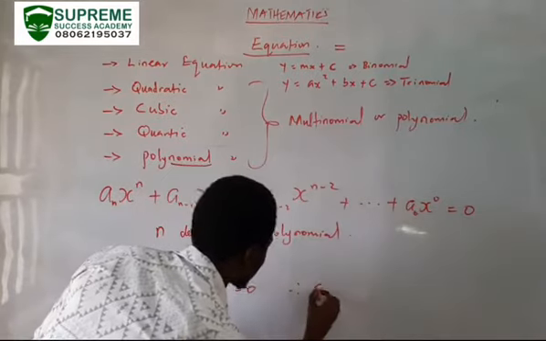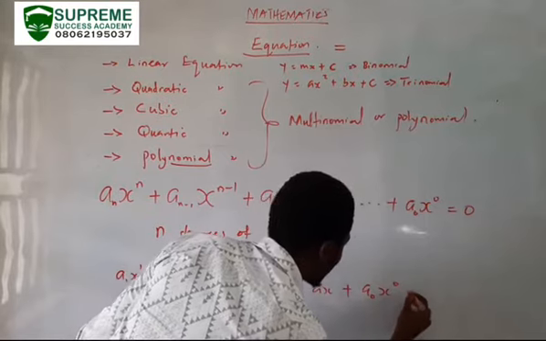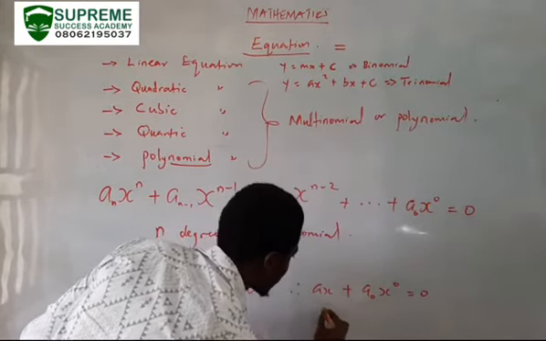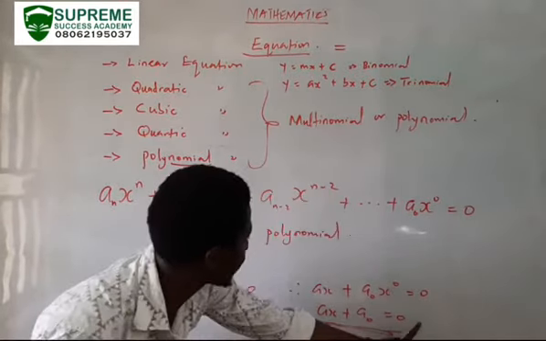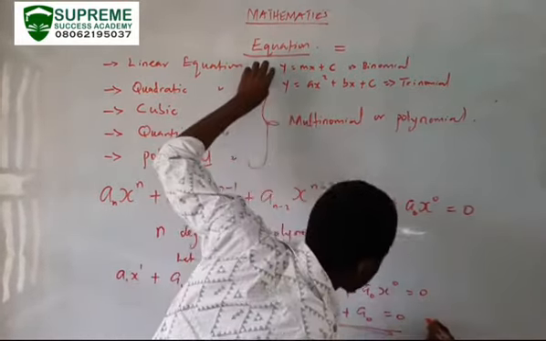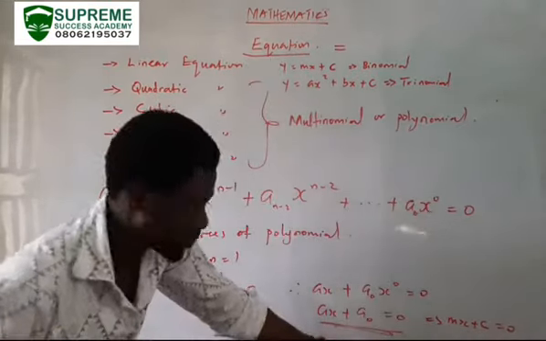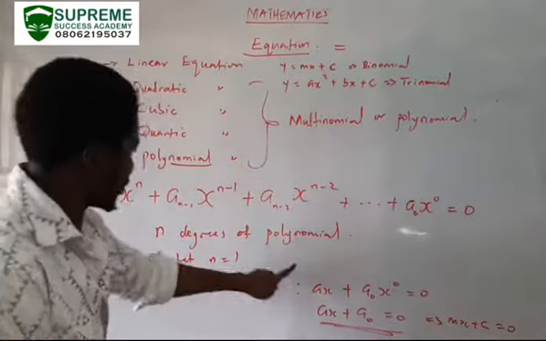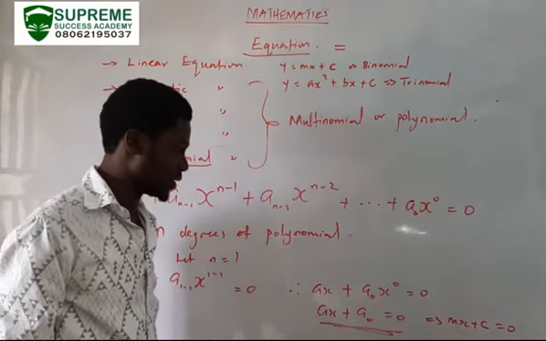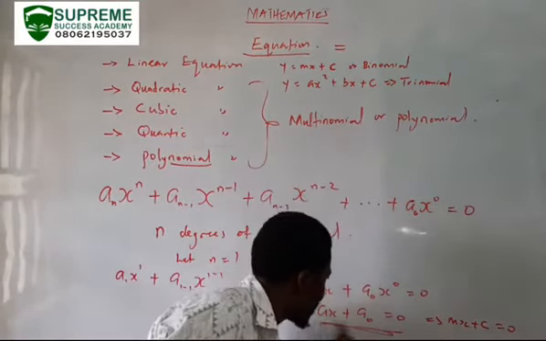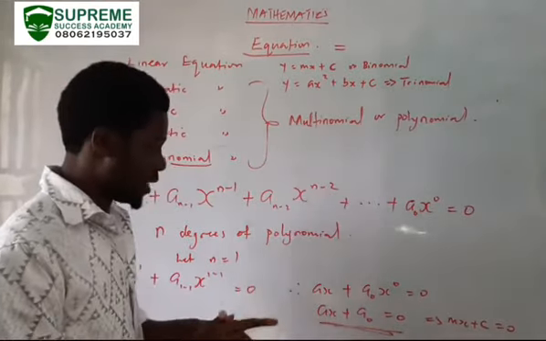Therefore, this becomes ax plus a0 x^0 equals 0. Anything raised to the power 0 is equal to 1. So ax plus a0 equals 0. Can you observe that it looks like this family, mx plus c equals 0? So we obtain our linear equation from the general terms of polynomial. Very interesting. This is your linear, where a equals m, x is the x, then a0 equals c. That's the first one.